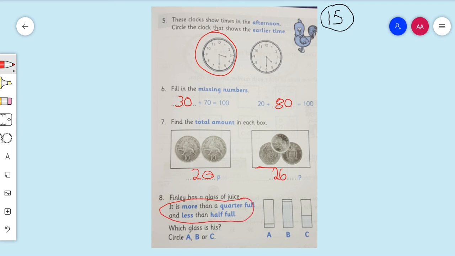It is more than a quarter full. So here's a glass, just for example. Here's a glass, and this would be half of it. Or maybe that's not exactly half, because both the parts need to be exactly equal to be a half here, and then a quarter is a half of the half.